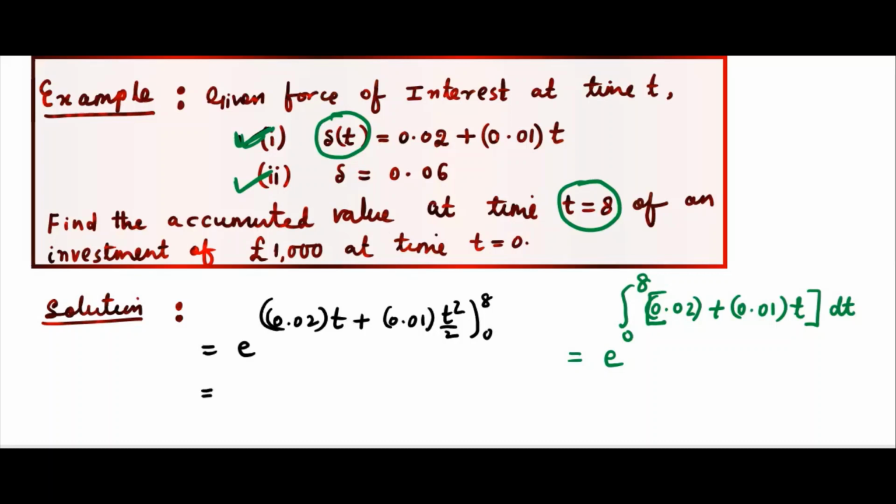You put 8 here and then 0 here, you subtract, then you will get e power 0.48.